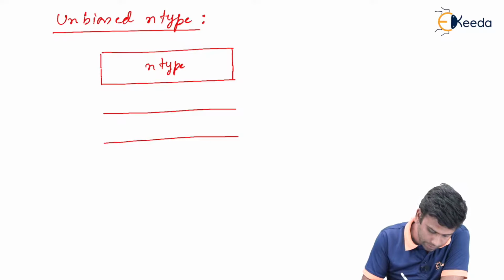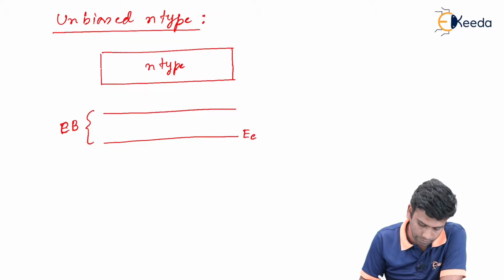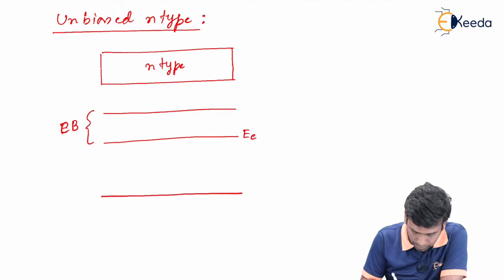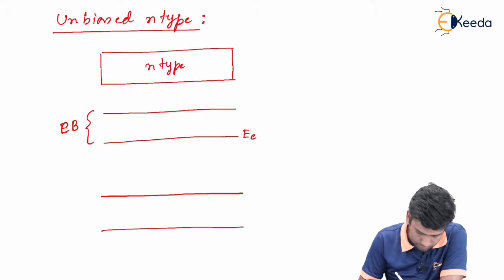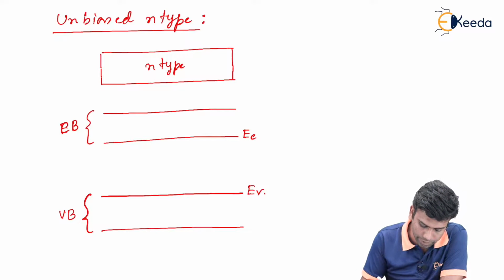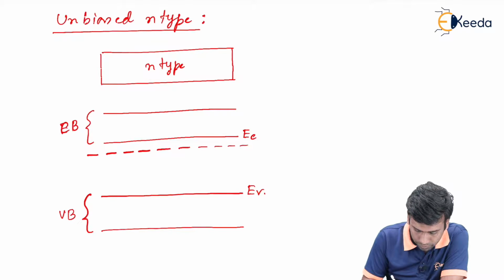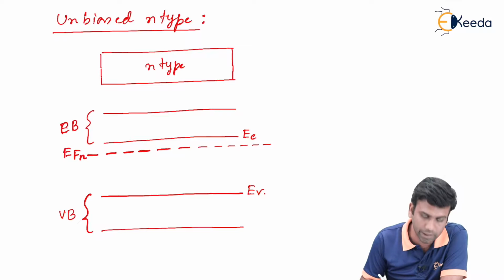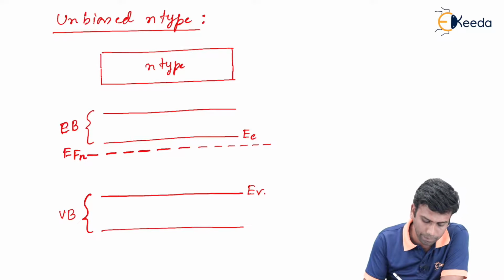This is the conduction band, and this is the EC energy level, and we will have a valence band, and this is the EV energy level. Since it is an n-type semiconductor, the Fermi level will be near to the conduction band, EF for n-type.